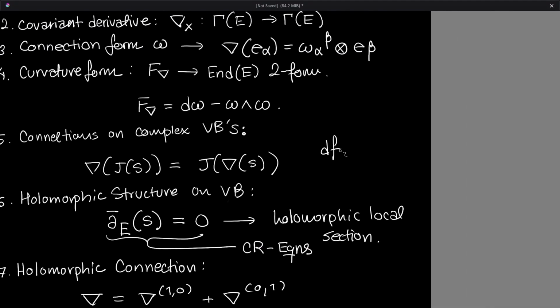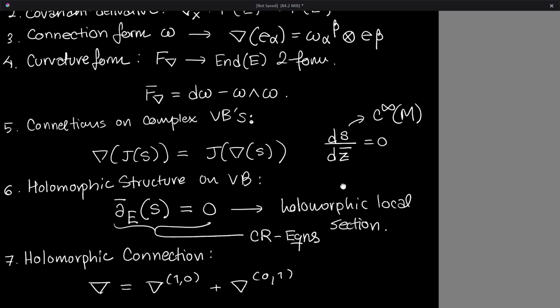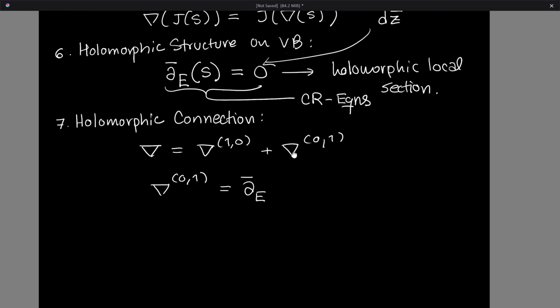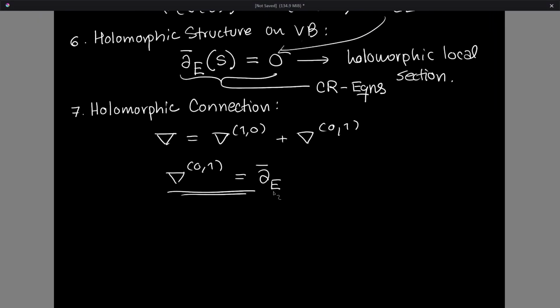Like if you look at something like, let me write it like this: ds dz bar equals 0 for s being a function, right? So this is similar to this. So this is basically generalizing that condition, and whenever you want to prove that something is holomorphic, you inevitably come back to the CR equations.